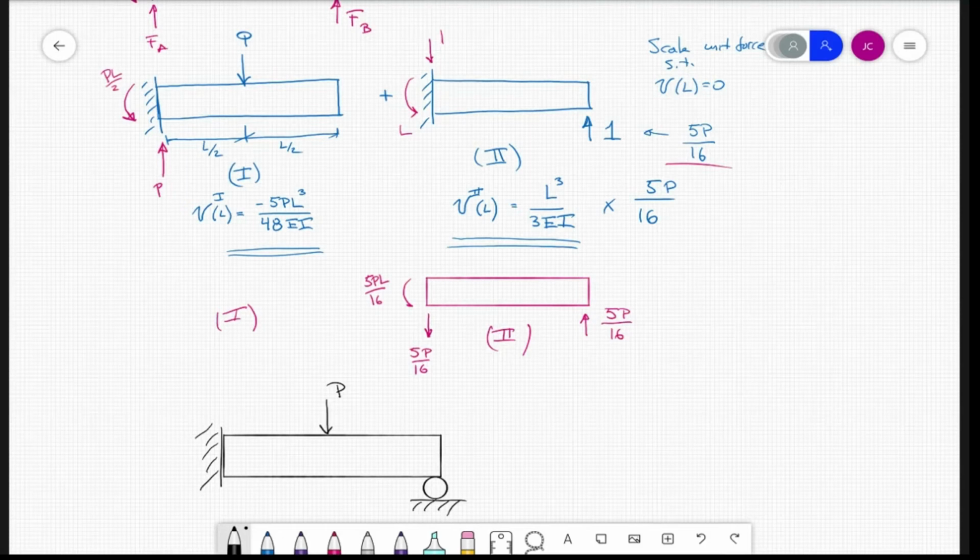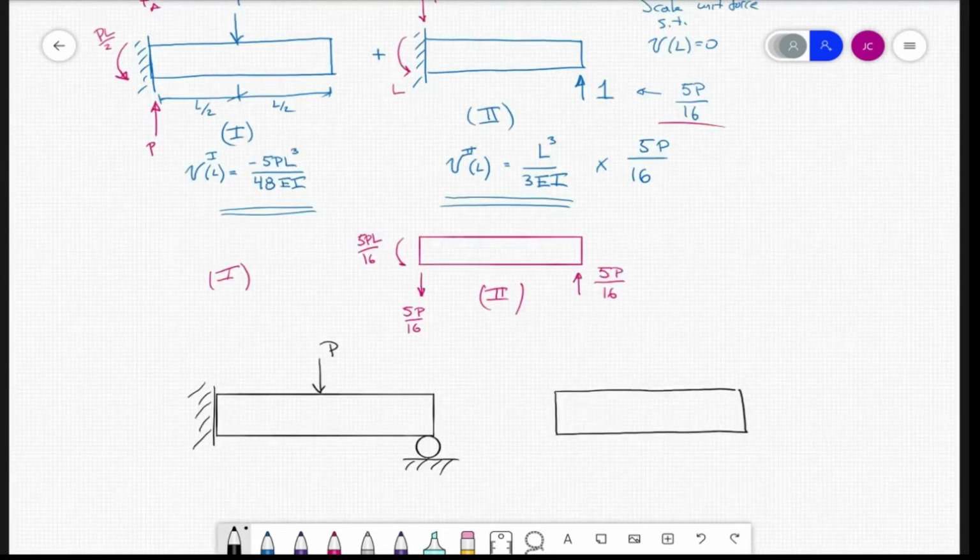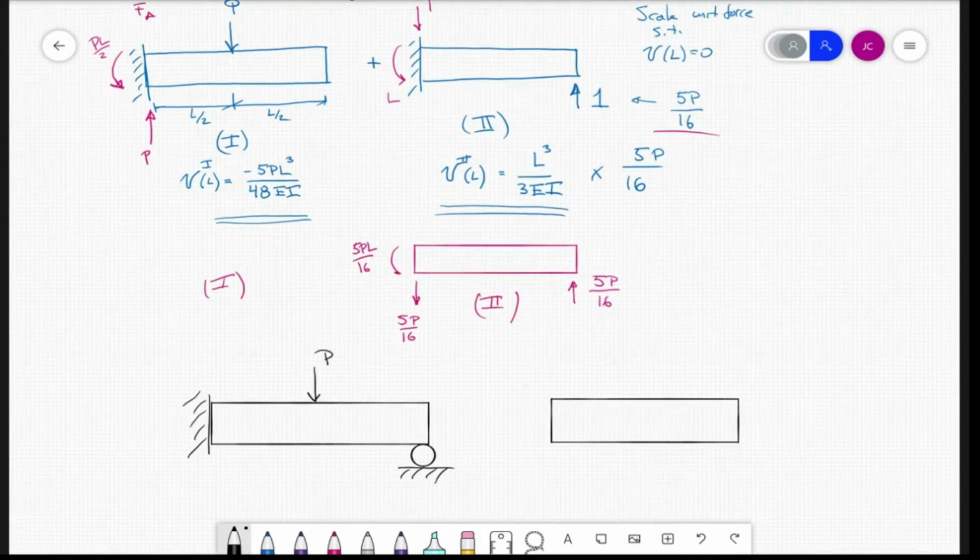Okay, first let's get the reaction forces. So in this particular case, we know the up reaction force at point B is going to be the addition of the two cases. Well, there's no tip force at B in the first case, so this just becomes 5p on 16. And we have to add this with P on the left side, so that's 16 over 16 plus 5.